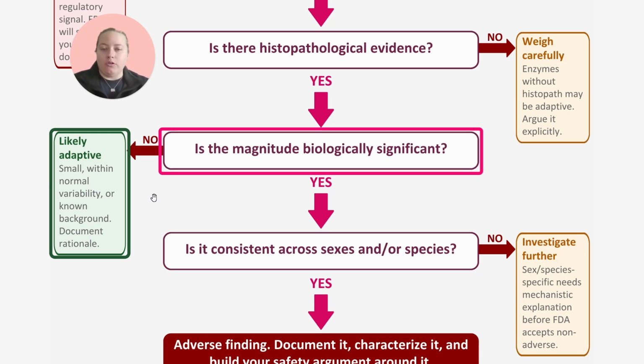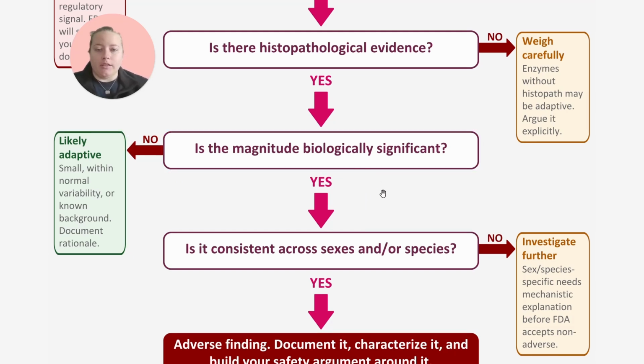So if we have a finding in a particular animal at a particular dose, we can go back and look and see, okay, what's the normal range that this finding would be found within this species and or sex of the species. And if it's within that range, then we wouldn't typically call it a drug-related finding or even adverse, because it is just part of the species biology.